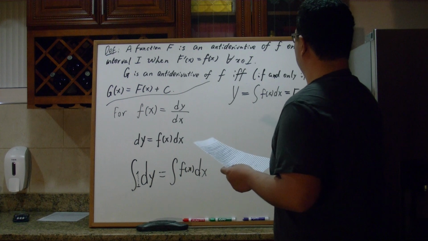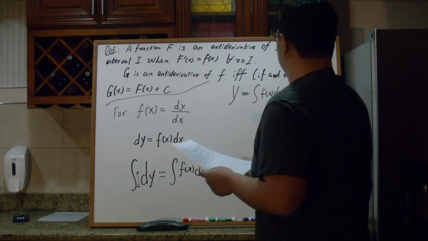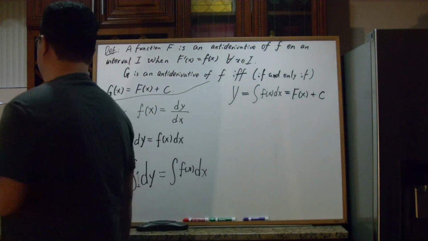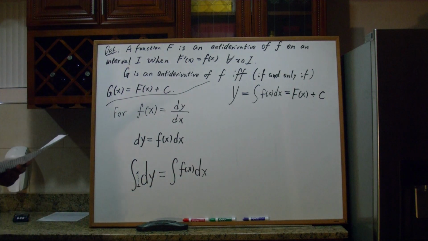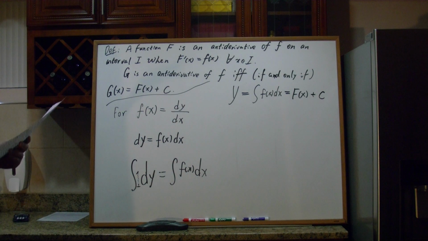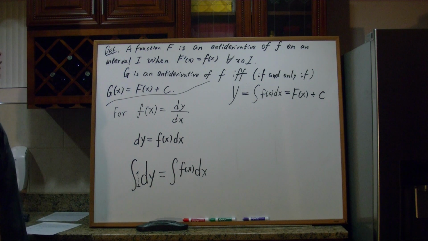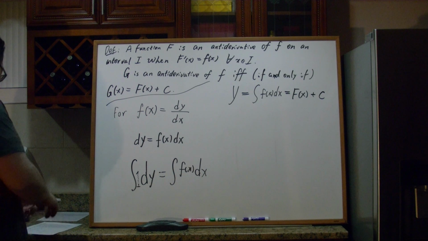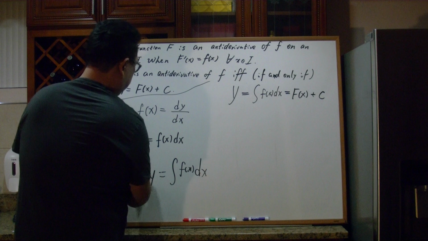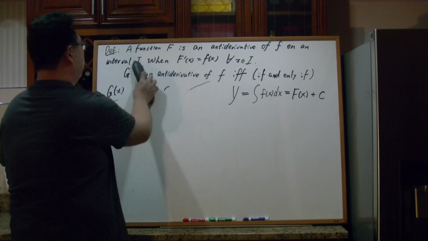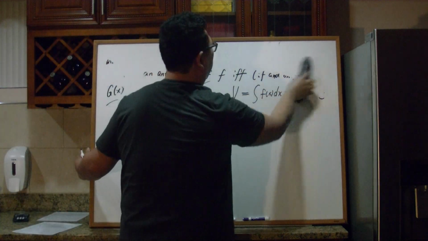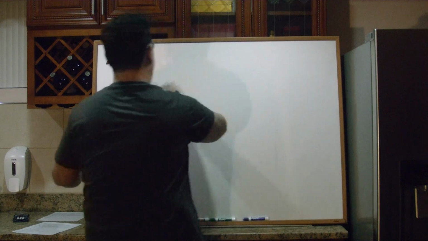So when we apply the properties of antiderivatives, we have to add a constant at the end, an arbitrary constant. Since integration is just the antiderivative, we will have some basic integration rules.